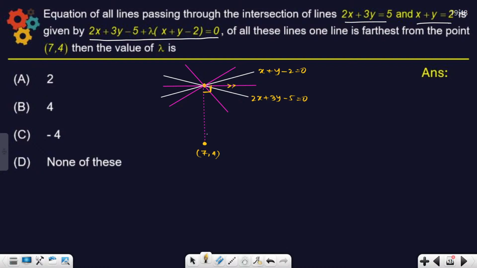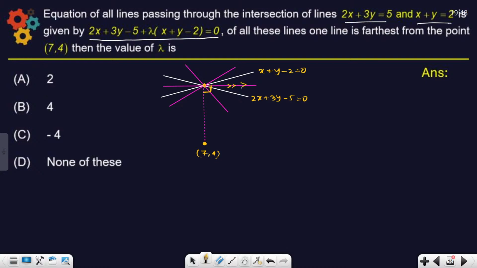So the farthest line will be that line when the perpendicular distance from 7, 4 is largest to that line. And it is only possible when the line joining this point of intersection and the point 7, 4 is perpendicular to the line passing through that point.